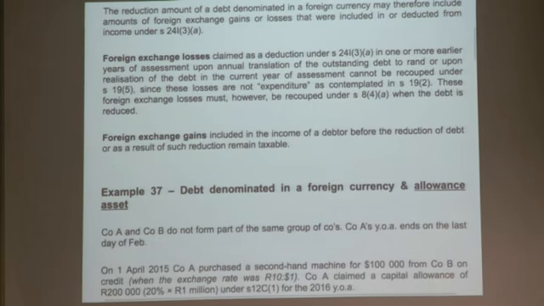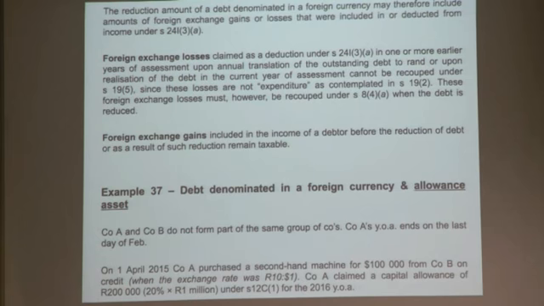Now, very importantly, my foreign exchange losses that I've claimed in one or more earlier years of assessment upon the annual translation of the outstanding debt to rand or upon the realization cannot be recouped under 19.5 because they are not expenditures contemplated in section 19.2. But you must recover all your 24I deductions under 8.4a. I showed you that 8.4a covers my 24I.